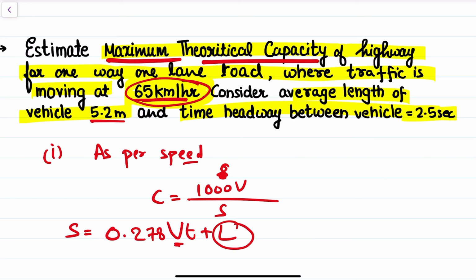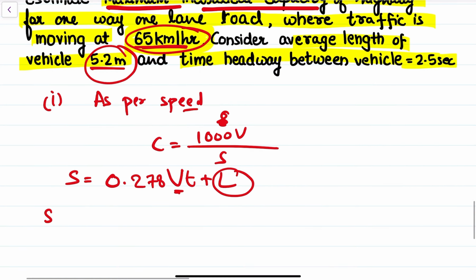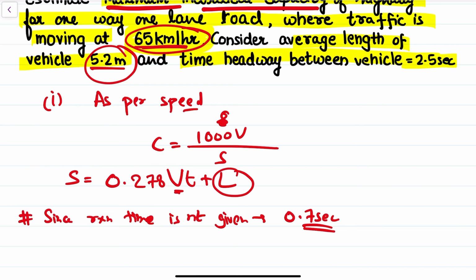L is the length of the vehicle, which is given. T is not given. Since reaction time is not given, we'll take 0.7 seconds. It is very important to mention this: whatever standard data you are taking, it's very important to mention it.